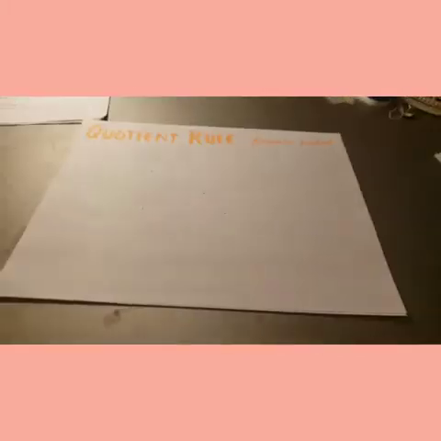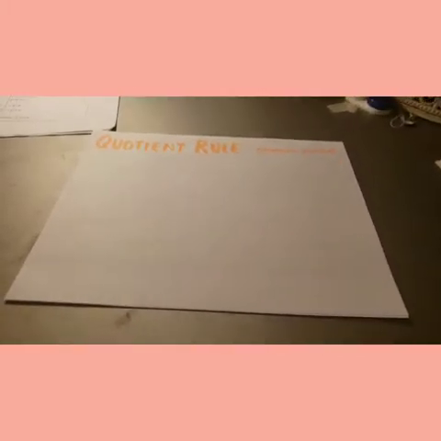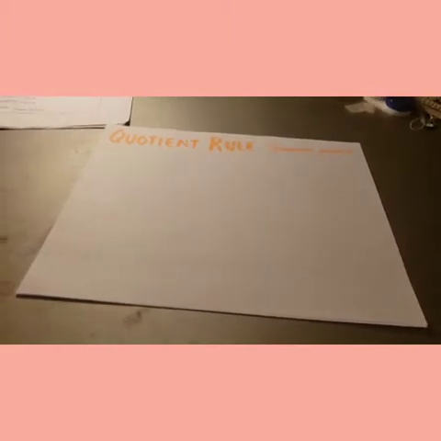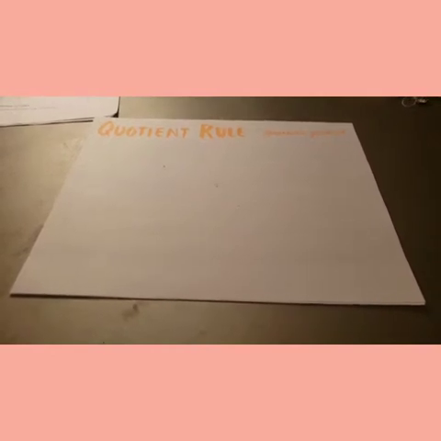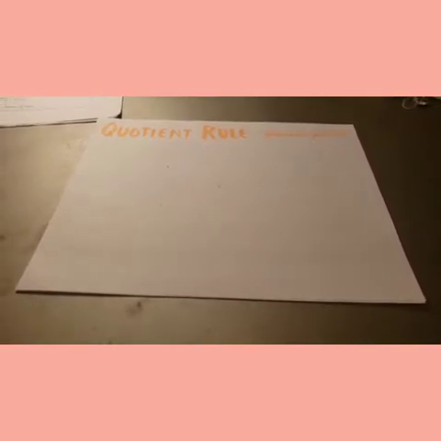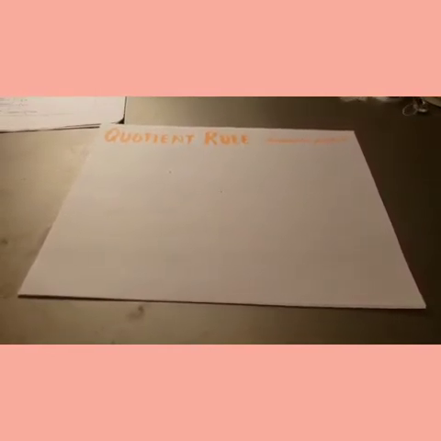Next, we're going to be talking about the quotient rule. So, as we know, quotient means division. This is simply the division of u divided by v.